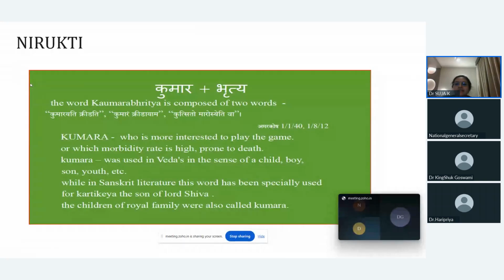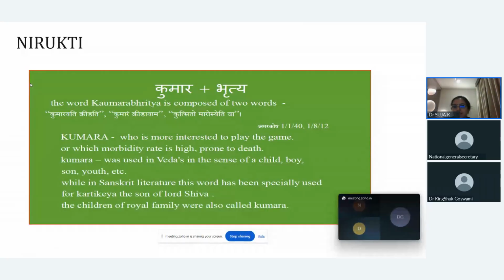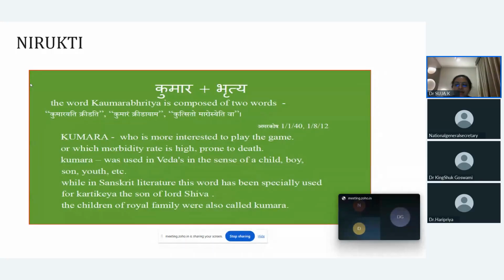Acharya Vagbhata has placed Balaroga in the second position. Kaya, Bala, Graha, Urdhvanga, Shalya, Damshtra, Jara, Vrisha. So Acharya has highlighted Balaroga.